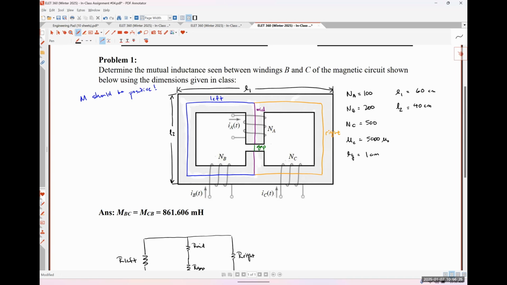And then my width W there, and this guy should also be W, is 5 centimeters.